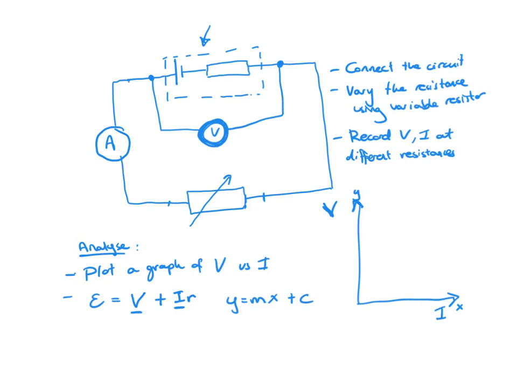So I will rearrange my expression to look similar to the equation of a straight line. That means V should become the subject of the formula. That will be V is equal to minus Ir plus EMF. So write this below this equation.